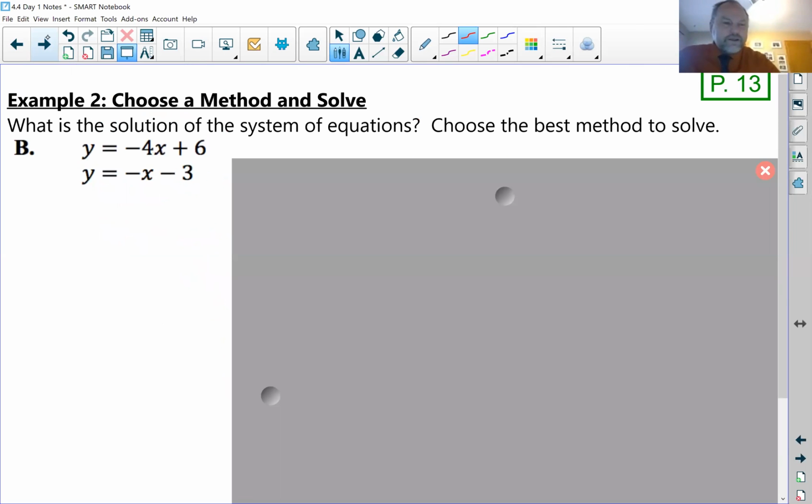Again, for this one, I'm going to have you choose which method, and then we will solve by that method. So go ahead and vote.